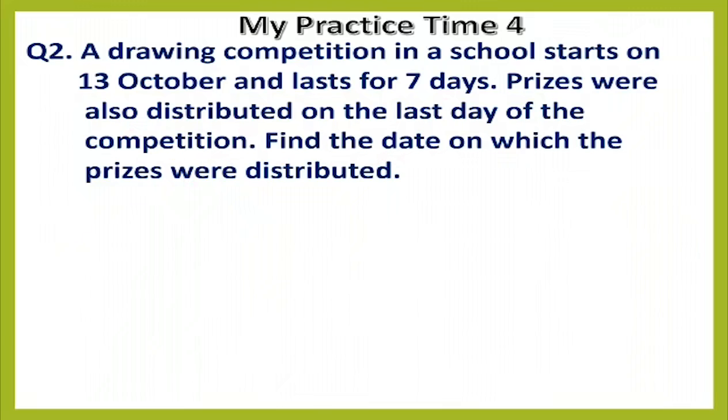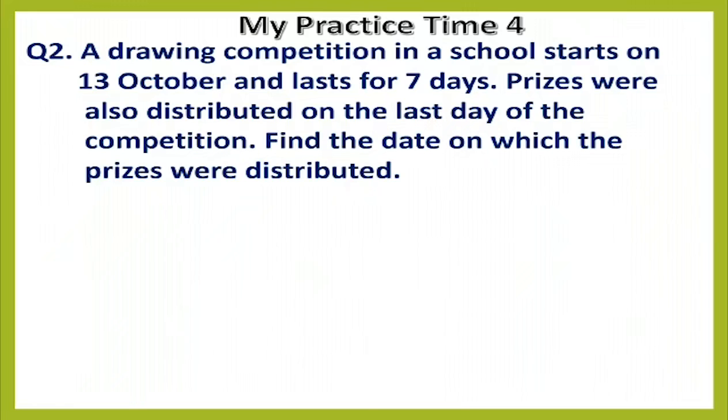So in this question, the starting date of the competition is 13 October and it lasts for 7 days. We have to find the last day of the competition, on which the prizes were distributed.